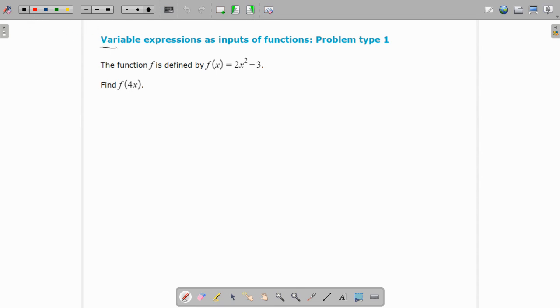Okay, now we're going to put in variables, and this gets a little more difficult. So instead of substituting in a number, we're going to substitute in an expression. This is a monomial. All right, so f of 4x is going to equal 2 times 4x all squared minus 3.